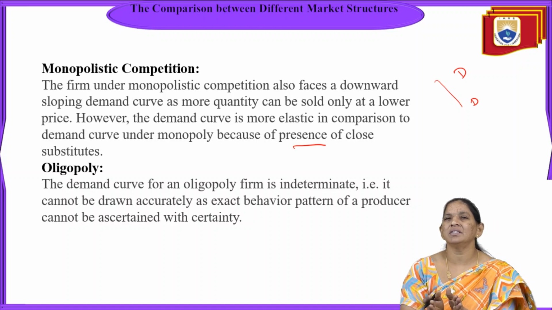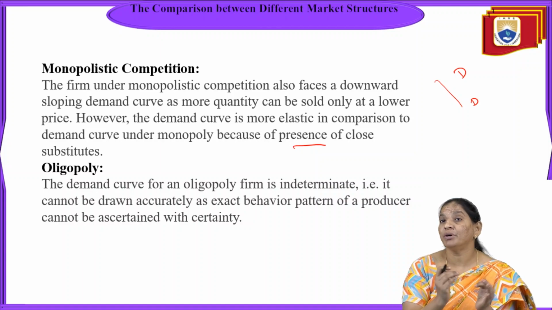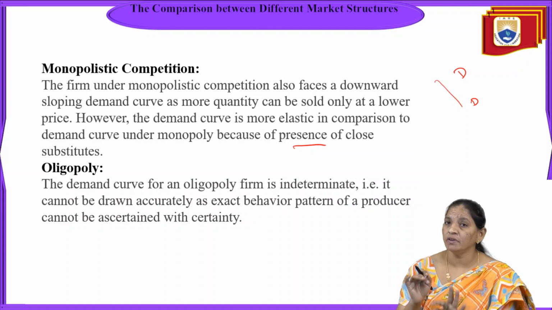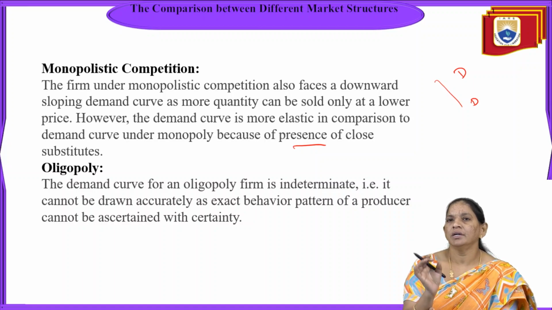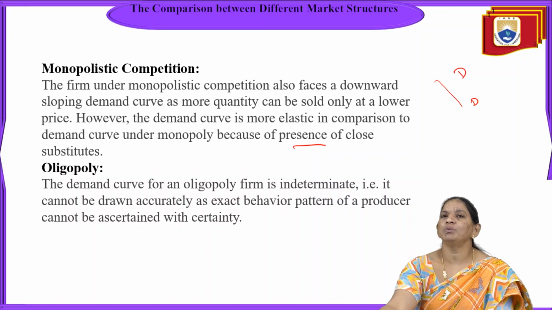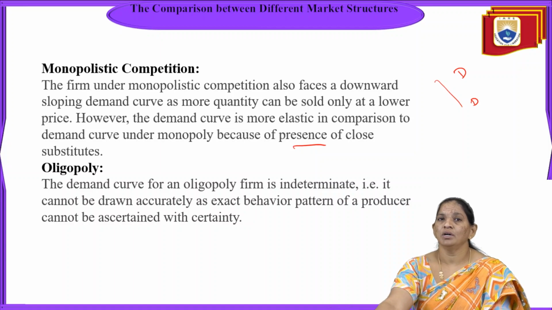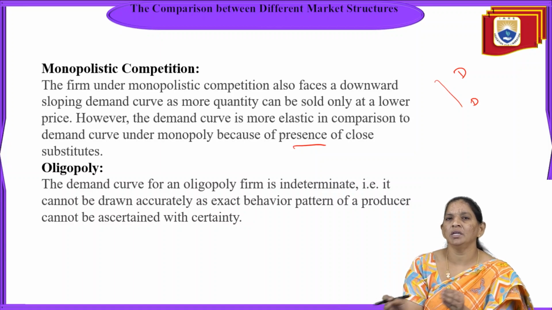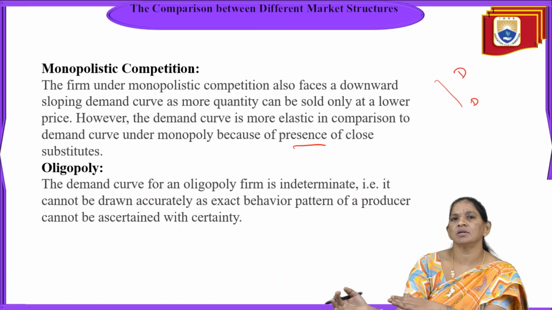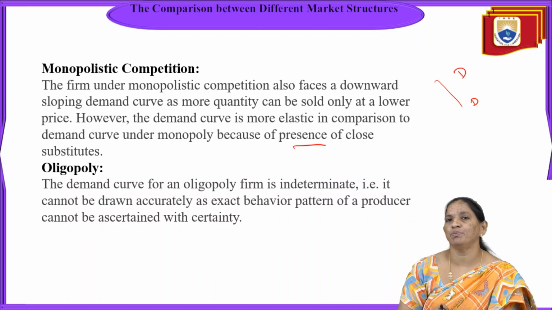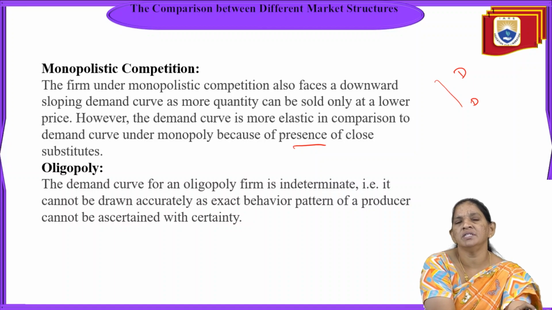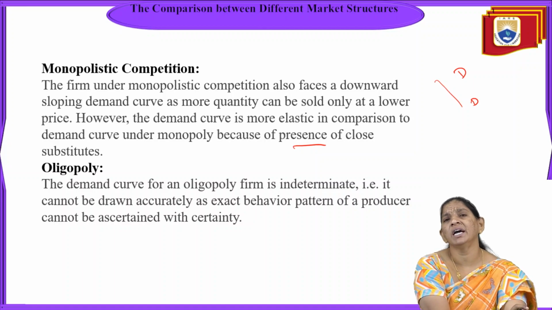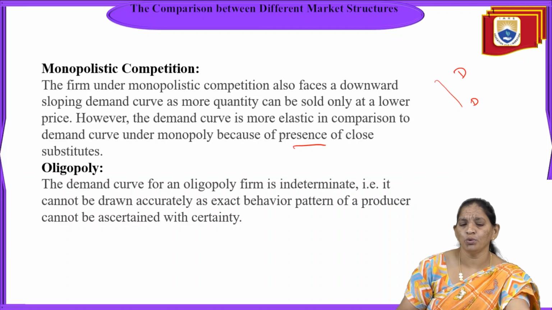Means we can say that monopoly will have a more inelastic demand, while monopolistic competition has greater elasticity. Why? Because it has close substitutes, meaning when I move my price, the competitors will occupy my position. That's why under monopolistic competition the demand curve is more elastic when compared with monopoly.